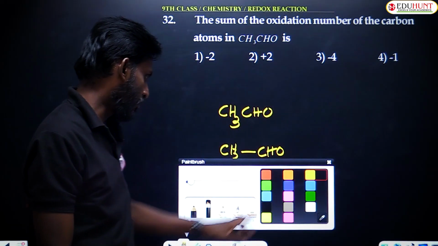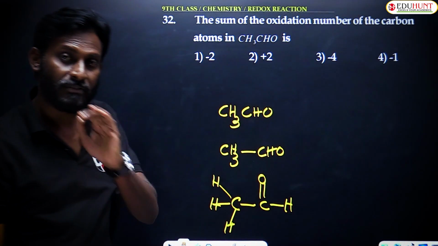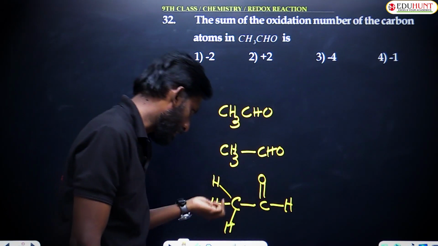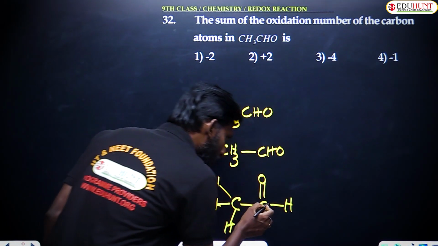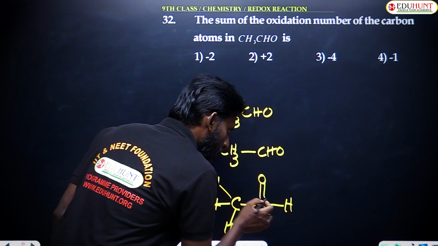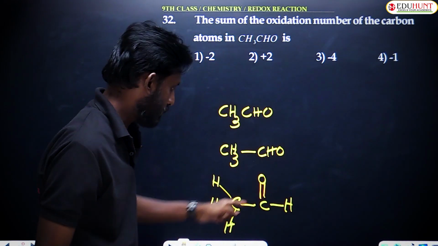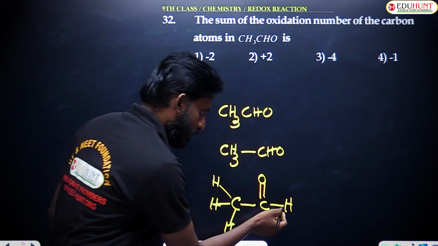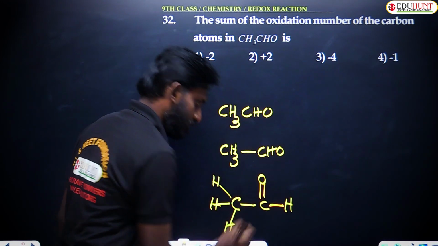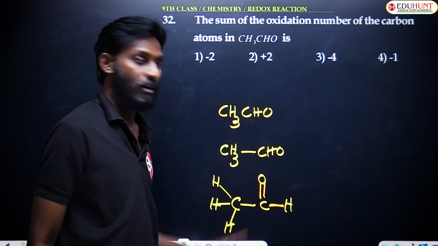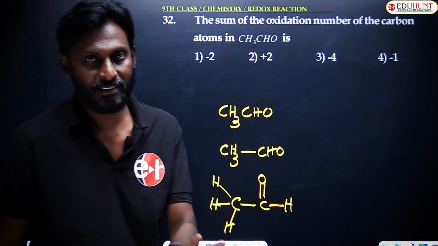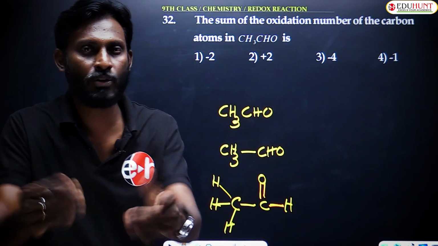Okay. Now you can determine the oxidation state of each and every atom. So we are concerned about only the central atom. Carbon: +1, +2 for the 2 oxygen bonds, and the hydrogen bond, you know very well, -1. And the carbon-carbon bond gives nothing, right? Similar atoms' bond gives nothing to the oxidation state.